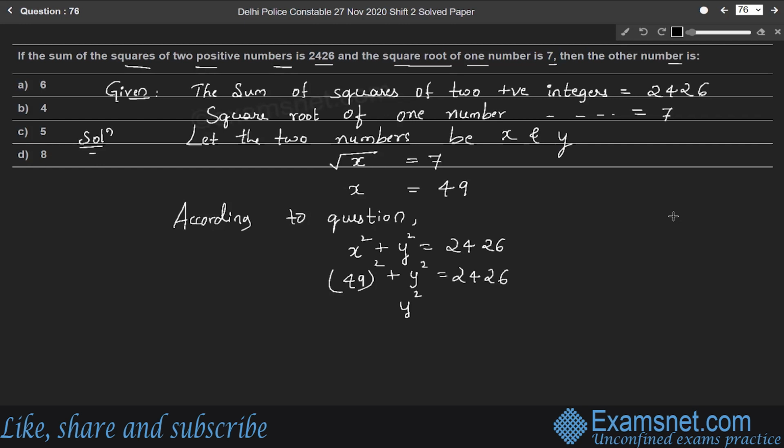Therefore, y square becomes 2426 minus 49 square, which is 2401. So 2426 minus 2401 is 25. So y will be 5. So the other number, according to the question, is 5. Hence option C is the right answer.